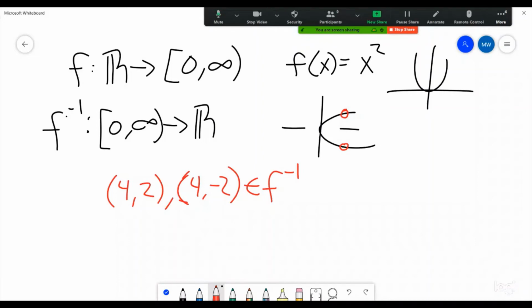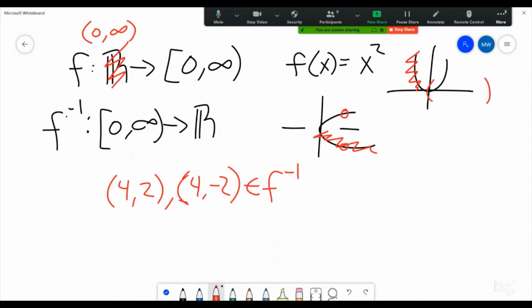If instead of allowing any output, we were to change our original domain to be the interval 0 to infinity, so only taking the positive numbers, we would have eliminated that part of the graph. And so then that would be unique. So we would have taken care of uniqueness.